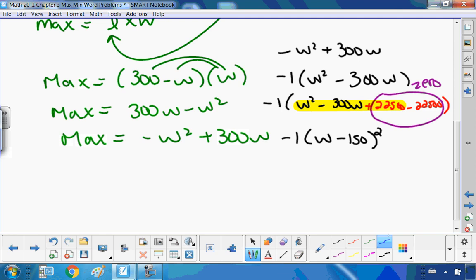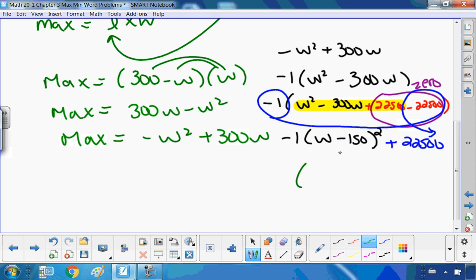Now what goes outside the brackets, since I have a number in front of the brackets, is negative 1 times negative 22,500. And negative 1 times negative 22,500 is positive 22,500. So let's state my vertex. My vertex is the opposite of the inside, 150, and 22,500 on the outside.